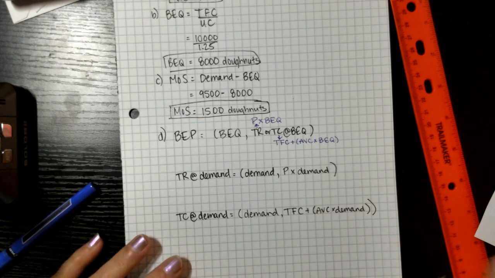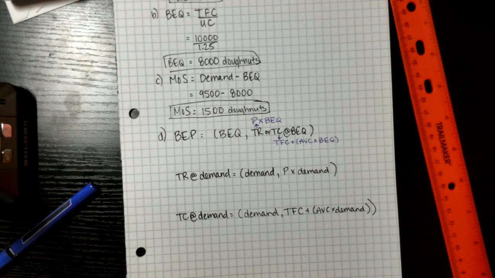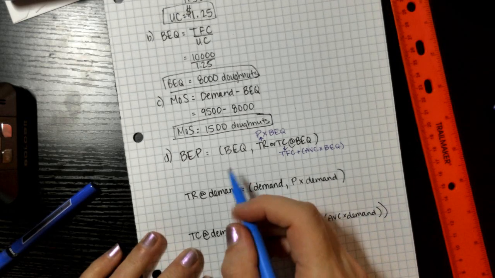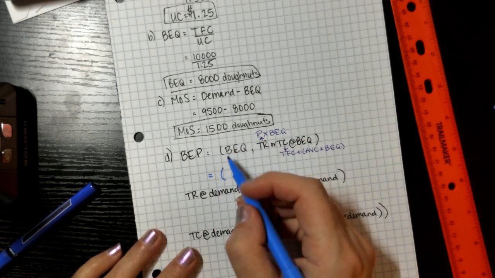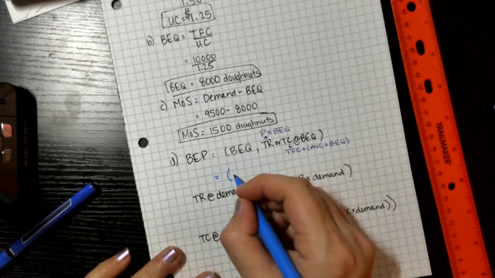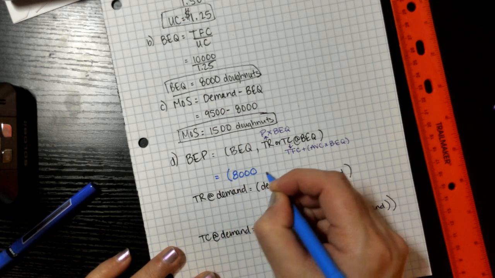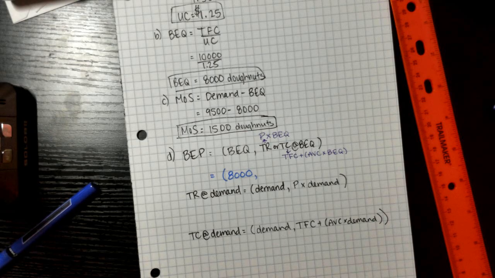All right, so now let's calculate these coordinates for our donut problem. We'll start with our break-even point. Our x-axis value is the break-even quantity, which we calculated up here as 8,000 donuts. Then the y-axis value is the total revenue or total cost at break-even.